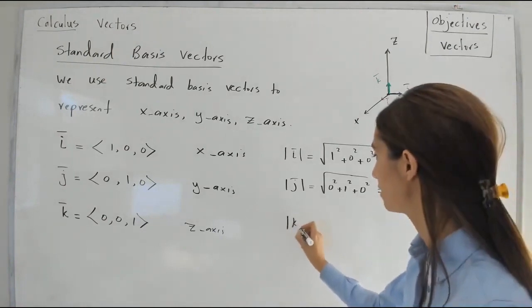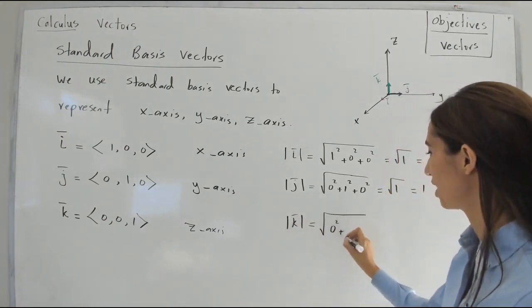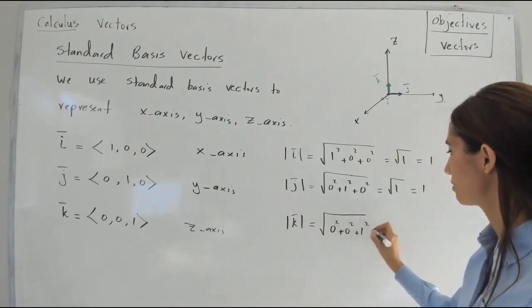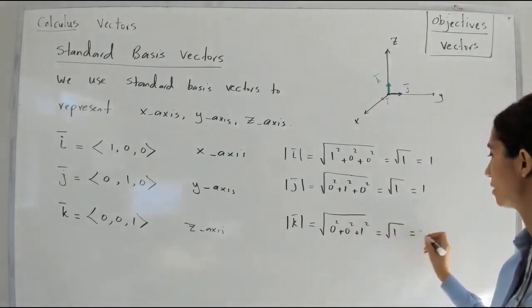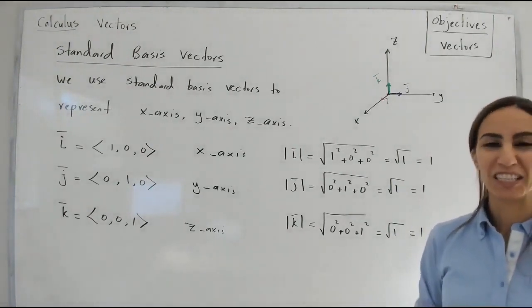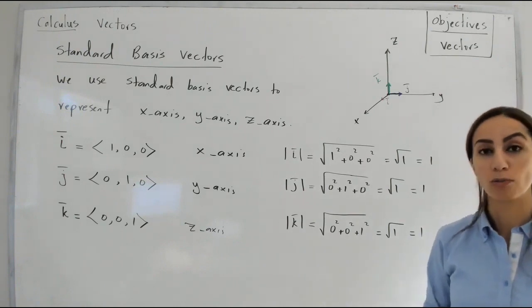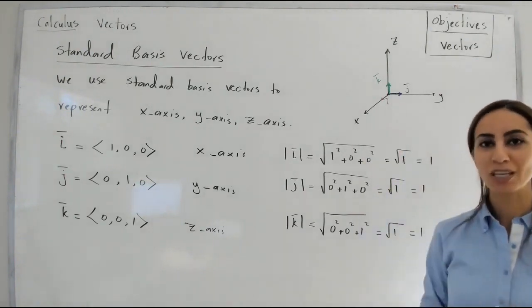Well, the last vector, vector k, is 0 squared plus 0 squared plus 1 squared, which is square root of 1, or 1.